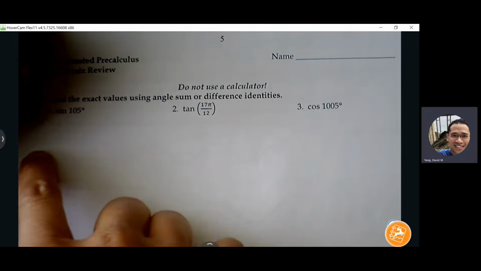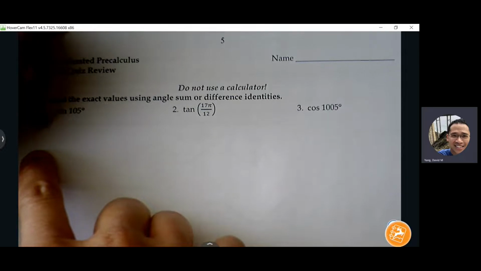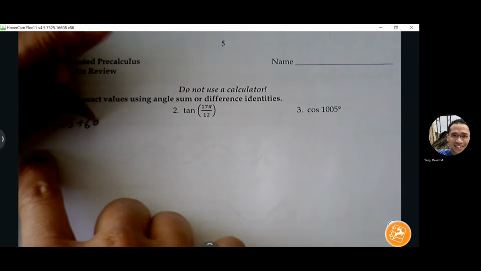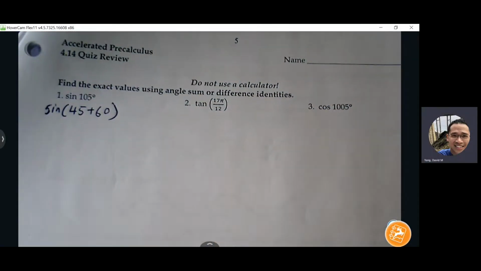So we can use our sum and difference identity, right? This falls in that category of sine of A plus B. Pull this from your formula sheet, but I can also put this one up.